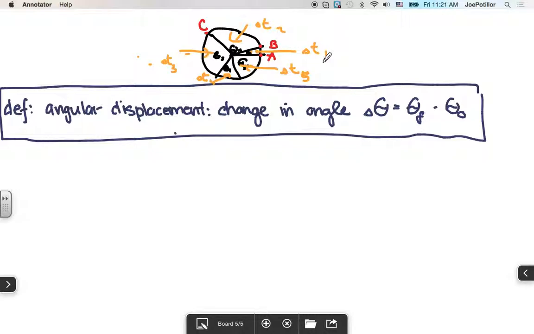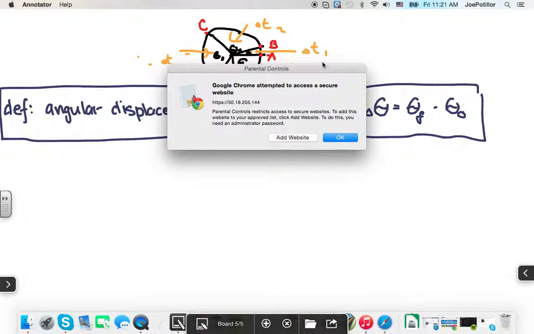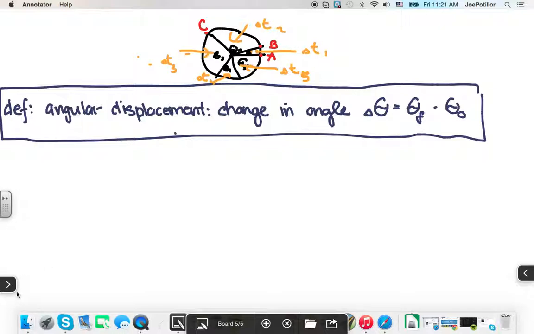And likewise, because we measure velocity as, of course, the change in position over change in time, we have a very similar quantity in angular motion, which we call the angular velocity. Okay? Which is simply the change in angle over the change in time. So that's what we're going to define here.